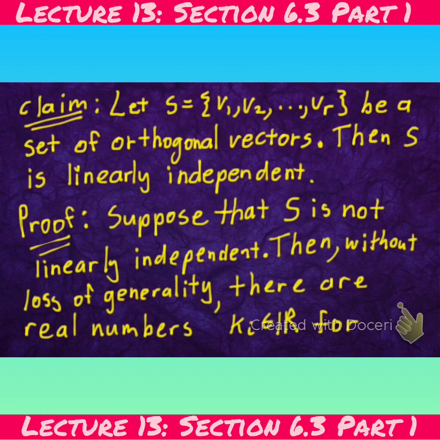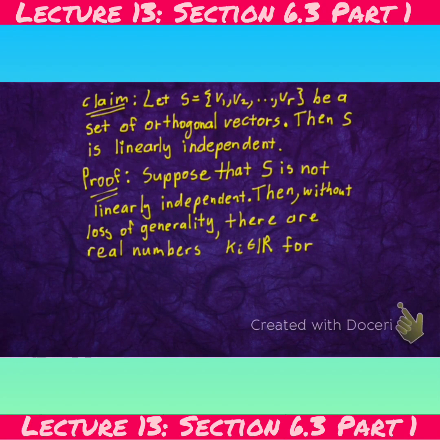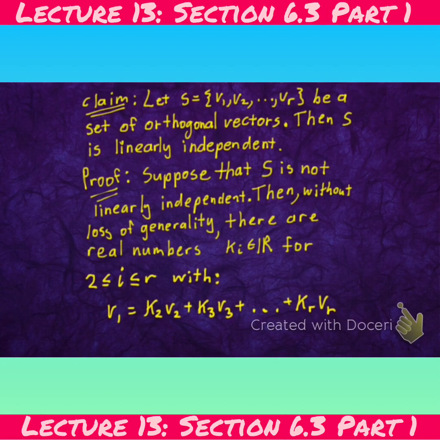So without loss of generality, we can find real numbers ki, where i runs from 2 up until r, such that we can express the vector v1 as a linear combination of all the remaining vectors in the set.